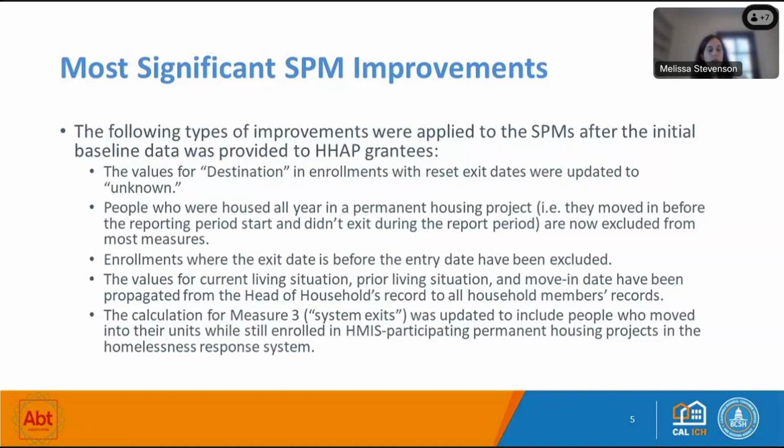And then the calculation for measure 3, which is system exits, was updated to include people who moved into their housing units while they were still enrolled in an HMIS participating permanent housing project in the system. So we'll talk a little bit more about that when we get to that measure, and you can see how that might impact your data.